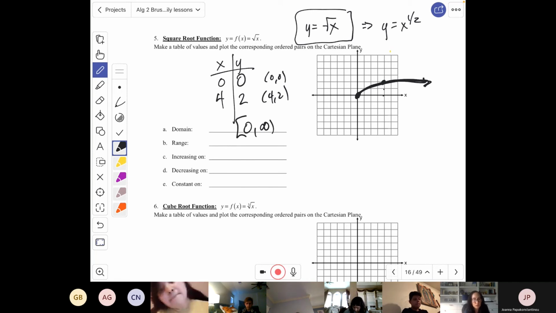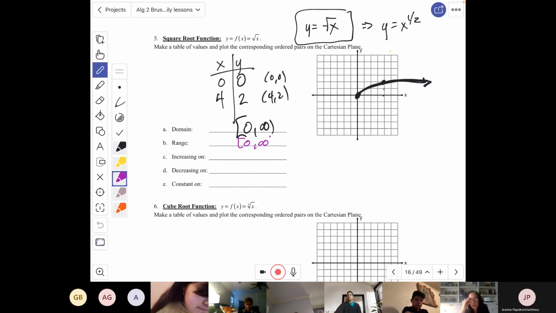We're putting a closed bracket there because it includes 0. Okay, then tell me, what is the range of the parent square root function? Zero to infinity again. Beautiful, and it includes 0, right? That 0, 0 does exist.